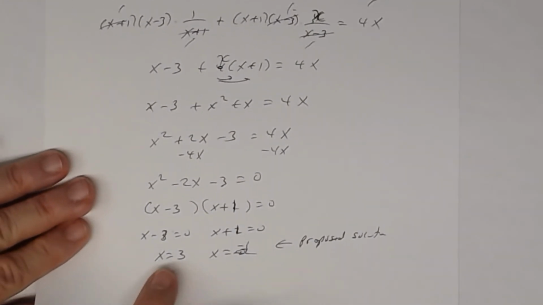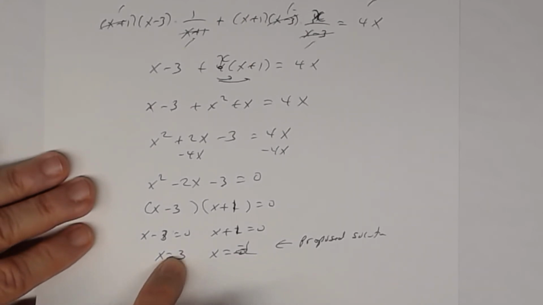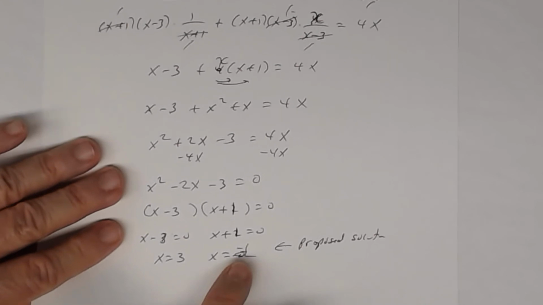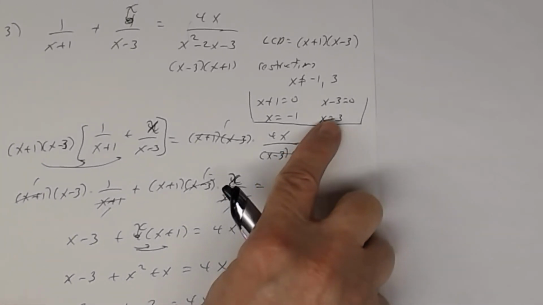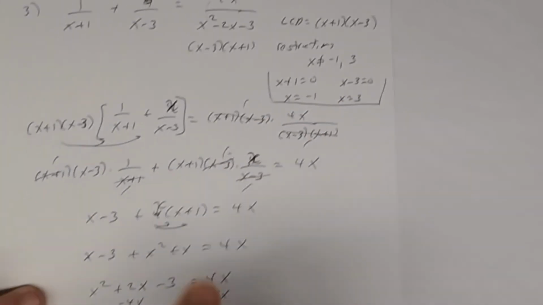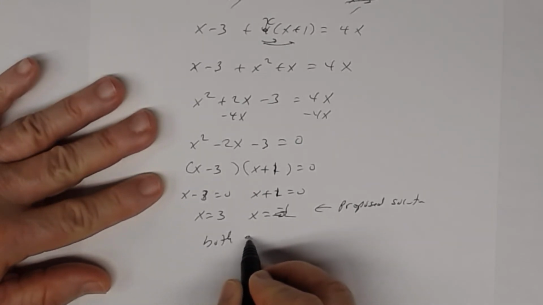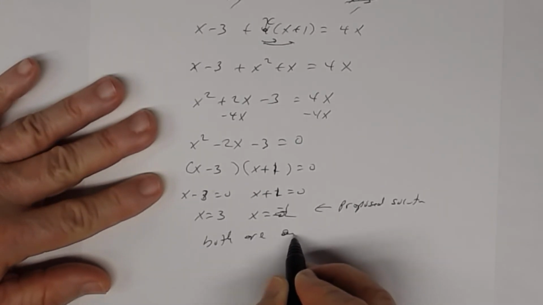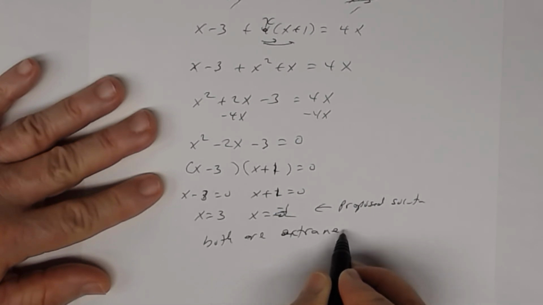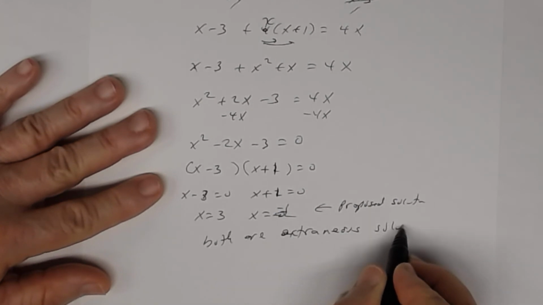And so you got to check and see if any of these are extraneous solutions. So I have a 3 and I have a negative 1. What do you notice? They're both restrictions. So both of these are extraneous solutions. See that?